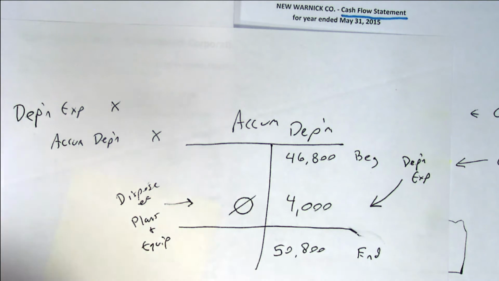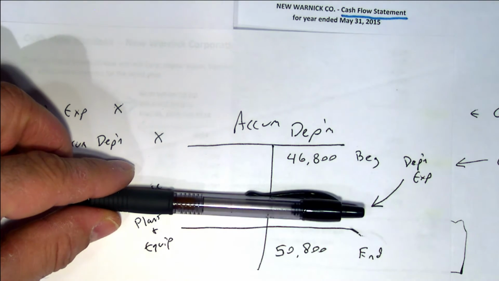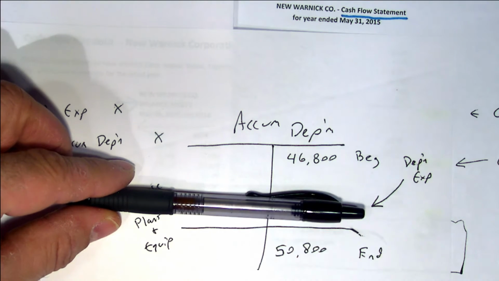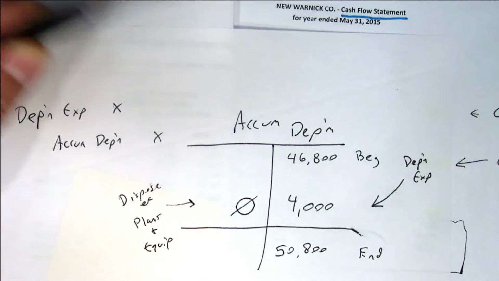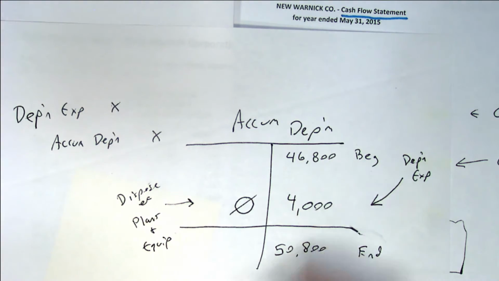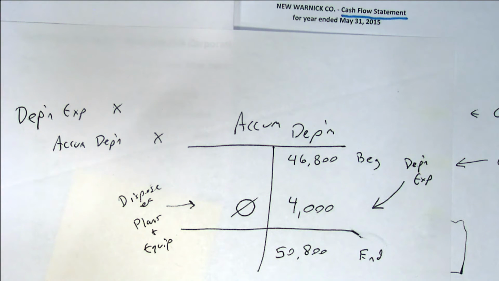But otherwise, if they just give us the beginning and ending balance, we have 2 unknowns. We can't solve for it when we have 2 unknowns. So we can't just say the entire change was depreciation expense. As soon as they gave us that 0, though, by golly, in this case, yes, the change in accumulated depreciation was entirely due to depreciation expense. Did that make sense what I just went through?